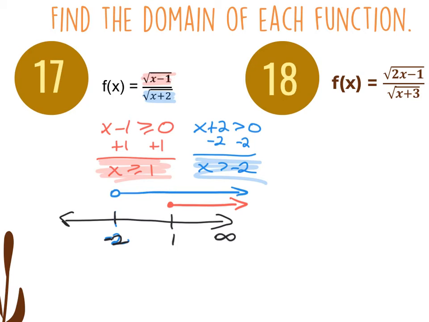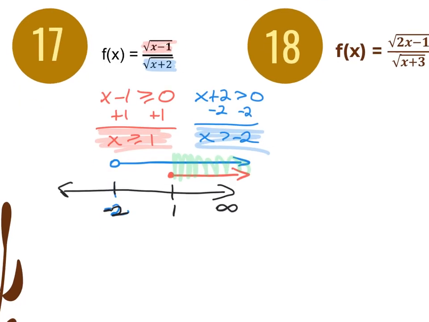Now, the numbers that need to be excluded is where the line is not both red and blue. So my domain can only be from +1 to infinity with a bracket because it was a closed circle. So it's got to be where both are.